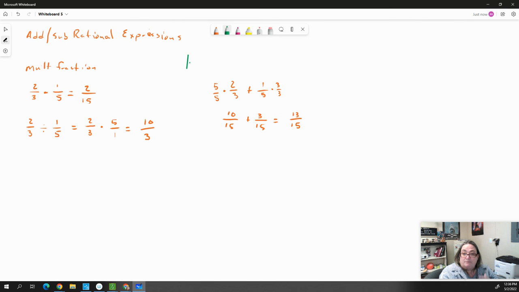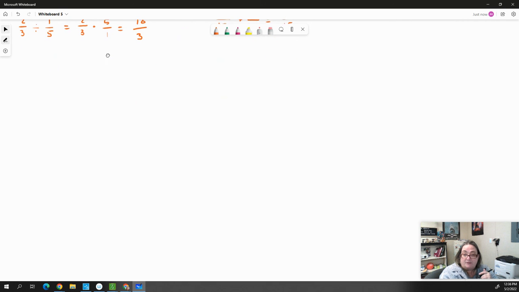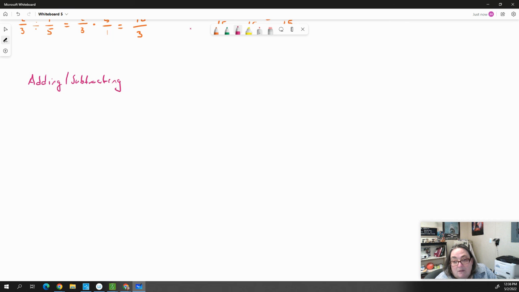So, let's write down some steps here for dealing with our problems. So, when we are adding or subtracting, we want to, 1, rewrite using a common denominator.